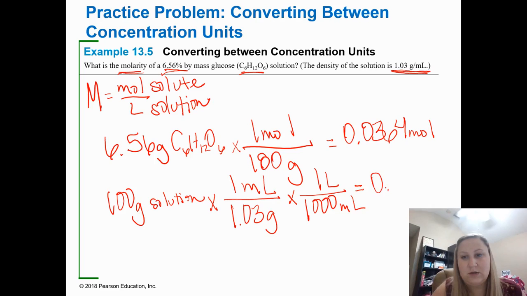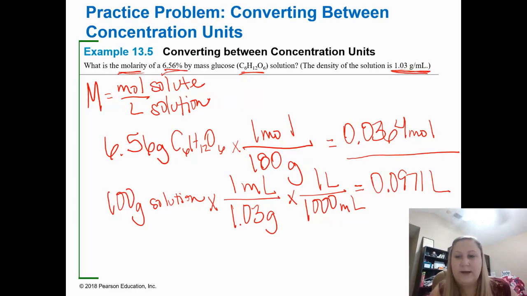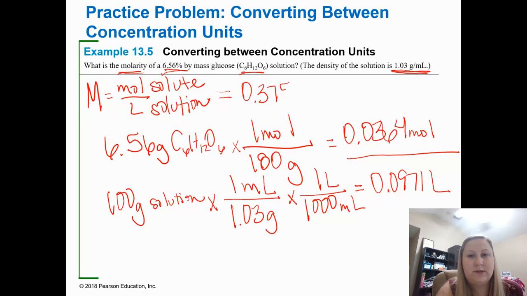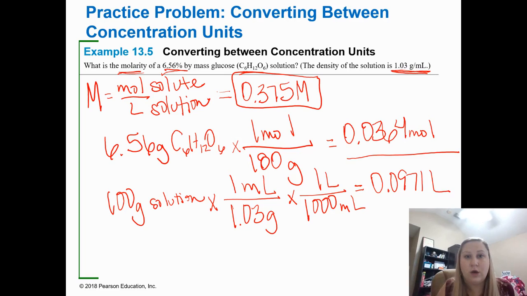Okay, I get 0.0971 liters. And then all I have to do to get molarity is I divide the two. And so for molarity, I get 0.375 molar is that solution of glucose.